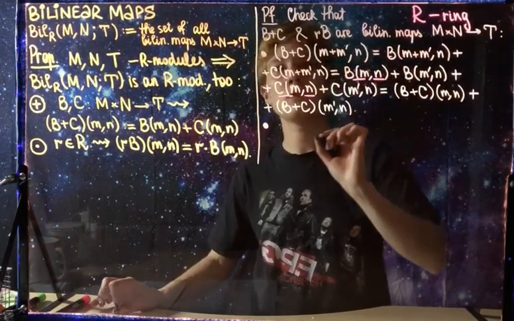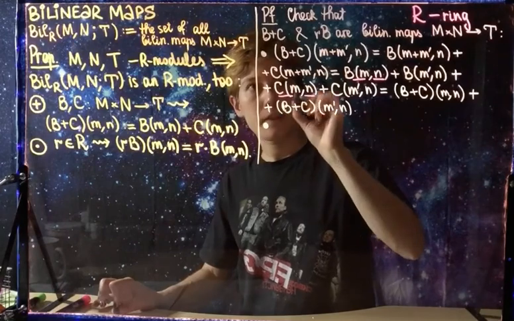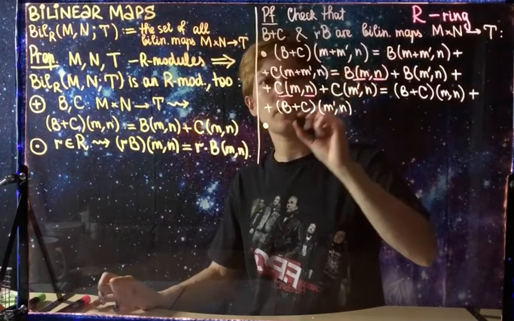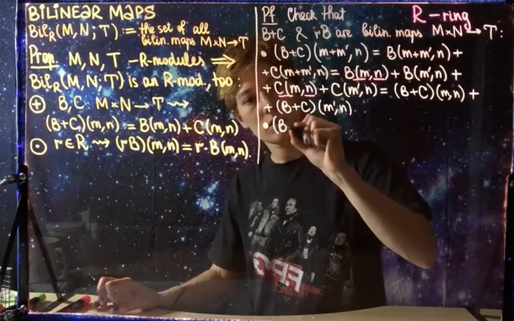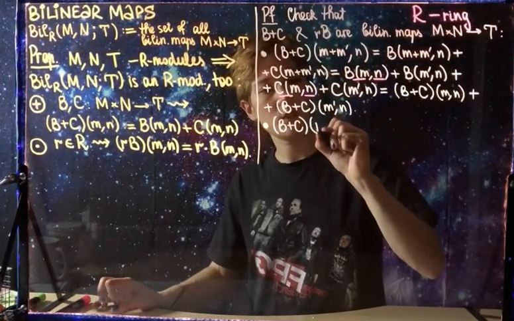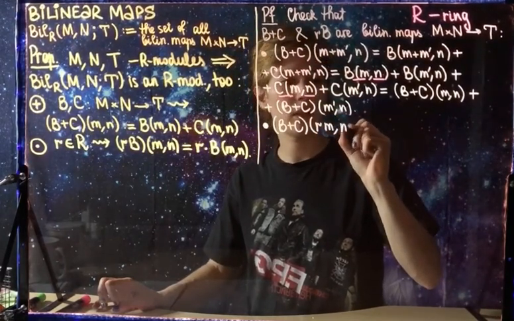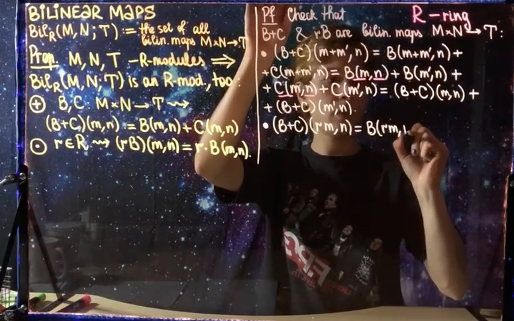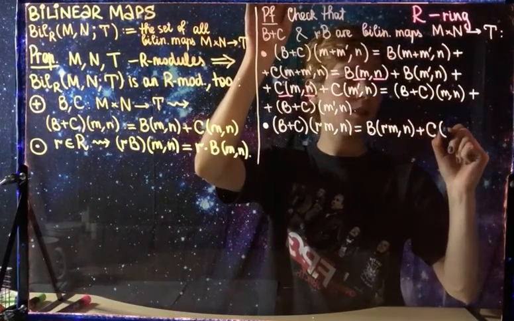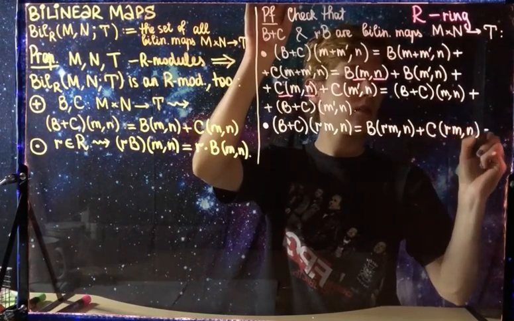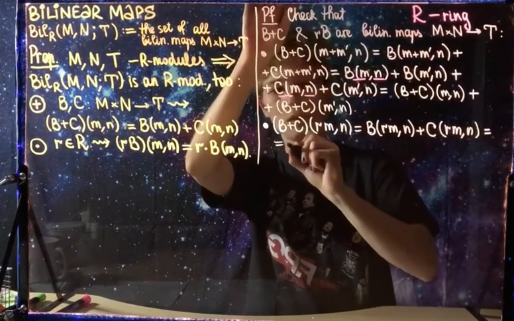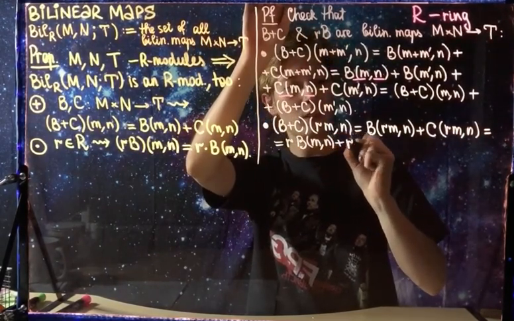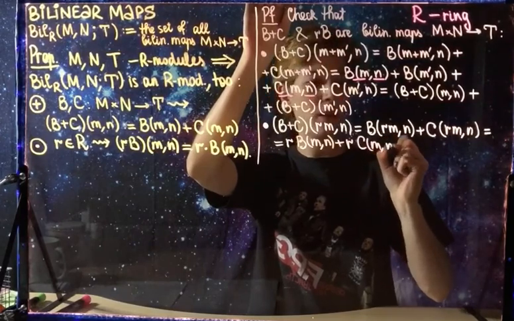and fixing m. And now let's see how B plus C behaves with respect to multiplying the first entry by a scalar. So B plus C applied to r m comma n is equal to B of r m comma n plus C of r m comma n, which is r times B of m n plus r times C of m n.